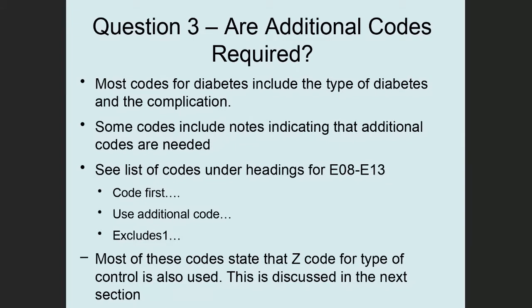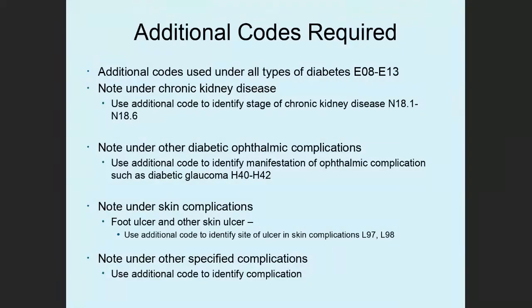Some codes include notes indicating that additional codes are needed. It may be a code first note, a use additional code note, or an excludes one note. Most of these codes also state that a Z code for the type of control is also used. This is discussed in the next section under question 4. Okay, additional codes required.